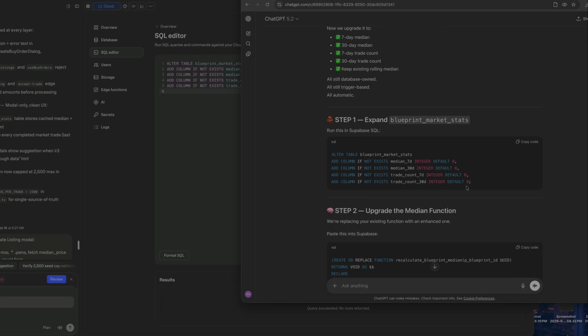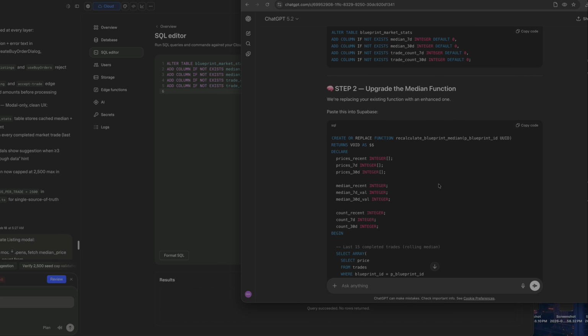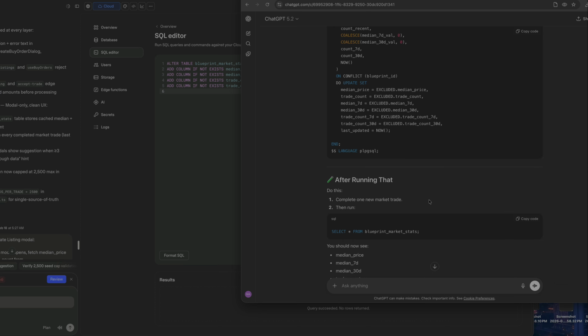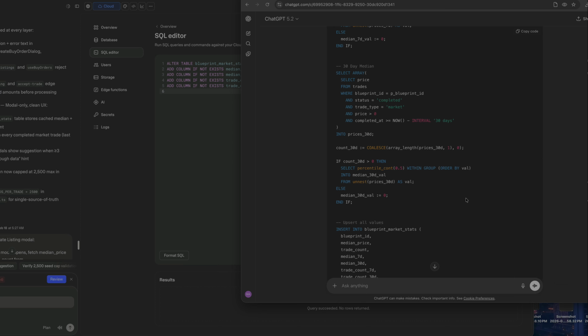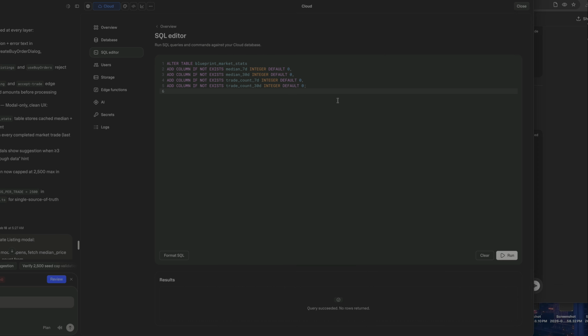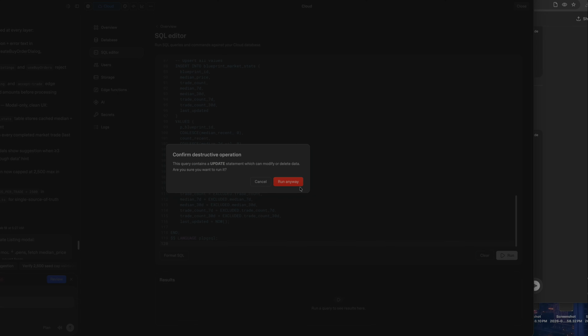Okay, clear that. Let's see. Run this in SQL. Run anyway. Hey, nice. Replacing existing functions with the enhanced one. Paste this. Nice. Okay, she's a fatty.